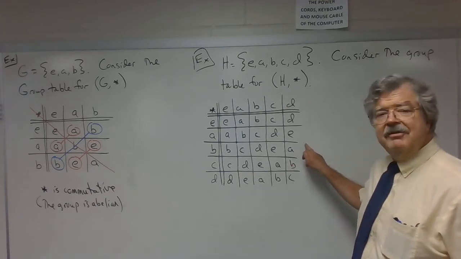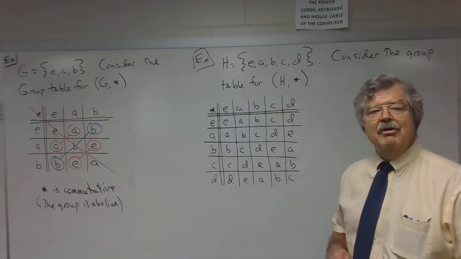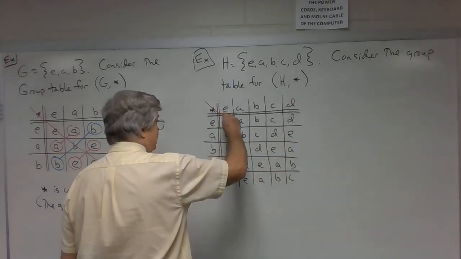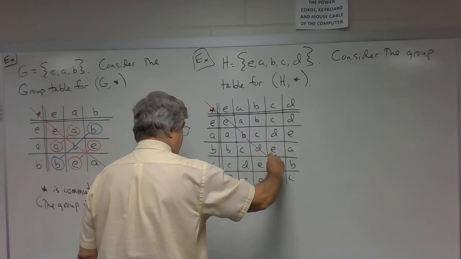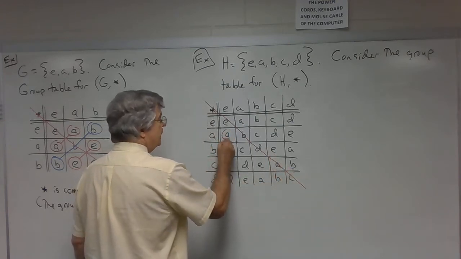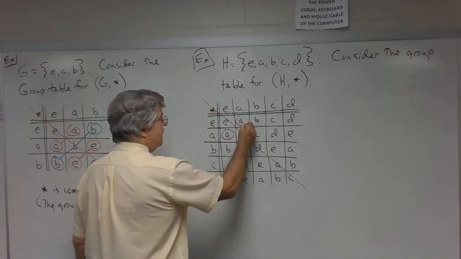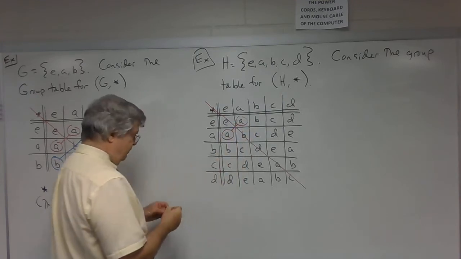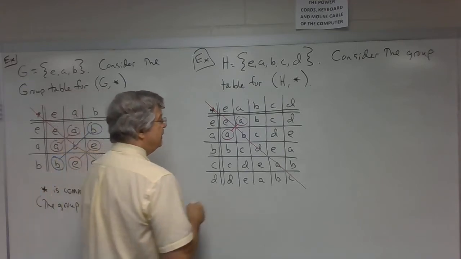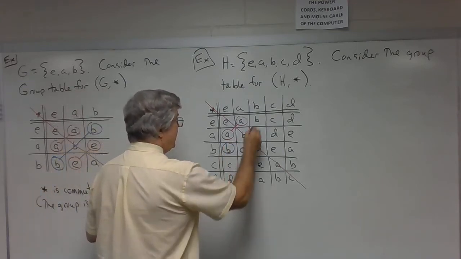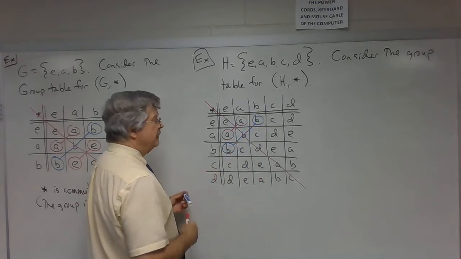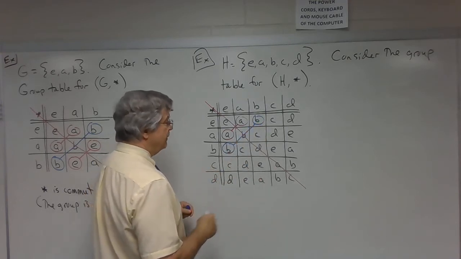Let's check out this example with a group of five elements. And we'll go right down the main diagonal. And we'll take one element below the main diagonal and match it up with its counterpart above the main diagonal. They're the same. Take an element below the main diagonal, match it up with its counterpart above. They're the same.